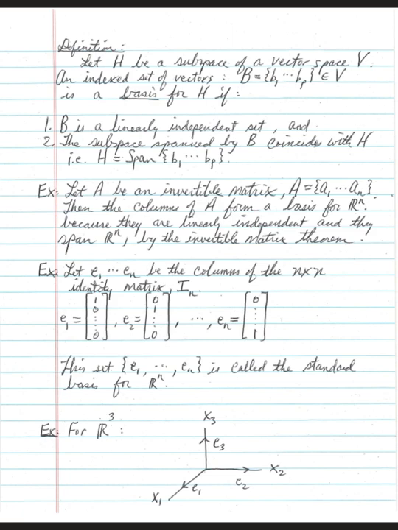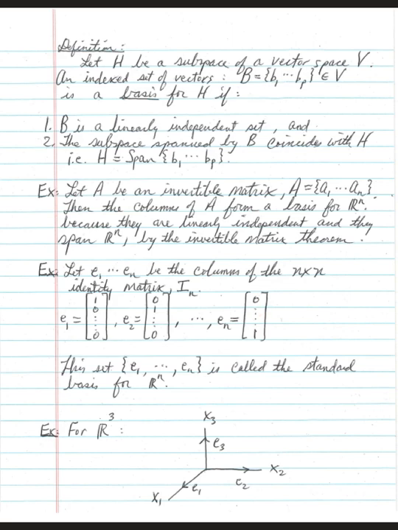A second example: let E1 through En be the columns of an n by n identity matrix. E sub 1, the first position is 1, the rest are 0. E sub 2, the second position is 1, the rest are 0, and so forth until you get to the end, where the nth position is 1 and the rest are zeros.